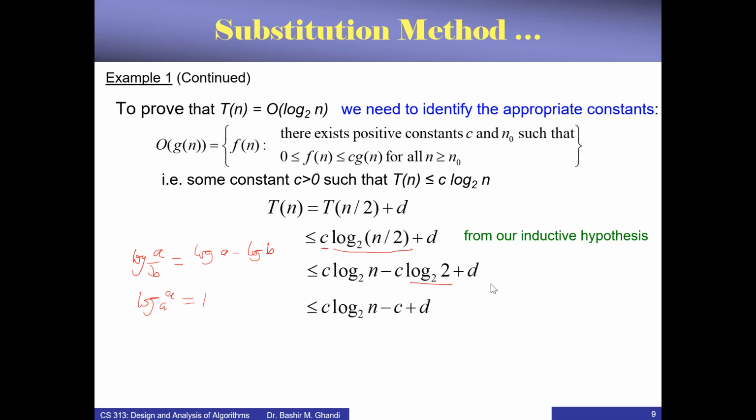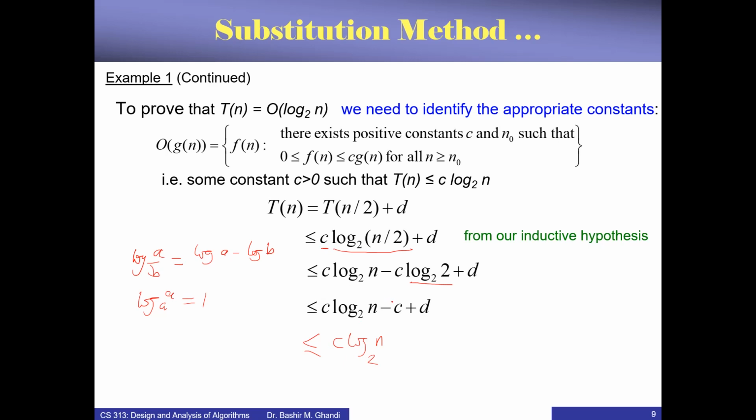Under what condition can we say that this is simply less than or equal to c log of n to base 2? Under what condition can you say this term is less than or equal to this term?